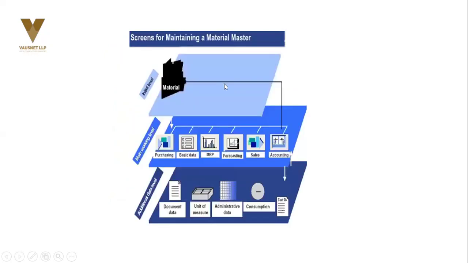Okay. So the views that we have, the screens that we have initially, where in the first part, we have purchasing, basic data, MRP, forecasting, and others. We have additional data levels. This is the main part. Then we have the details that go inside these parts. We'll just see how it is done. Okay.